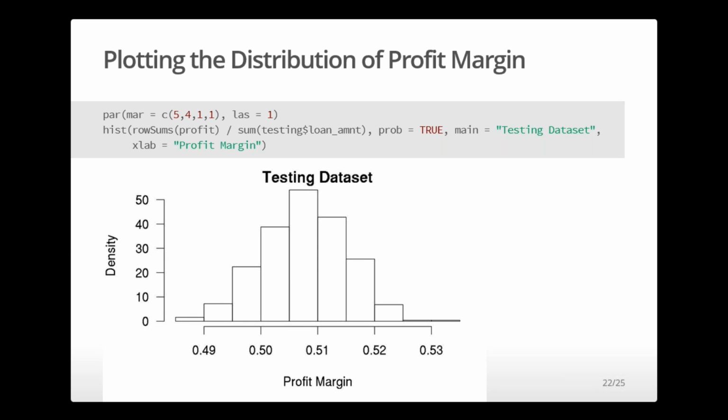And then we can make a plot of that, here normalizing it by the amount being loaned out, to see what is the expected distribution of profit margin on loans like this. As I was saying, these loans have a pretty high interest rate, and they loan to a lot of people.